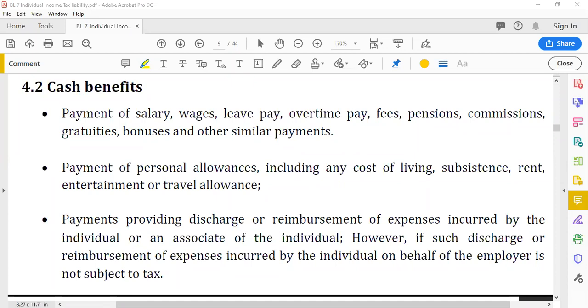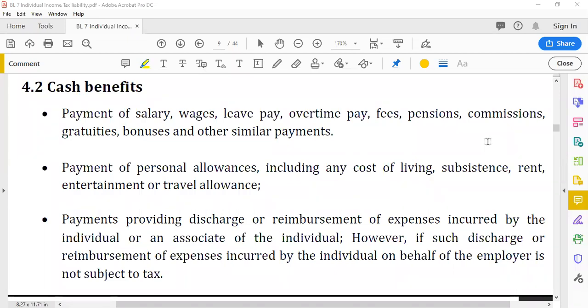So leave pay means even though they are on training or on study leave, they are getting salary. Menaka says leave pay means when you leave the job, companies will pay 3 months' payment. Not that one. That is called loss of office. We'll include it later.